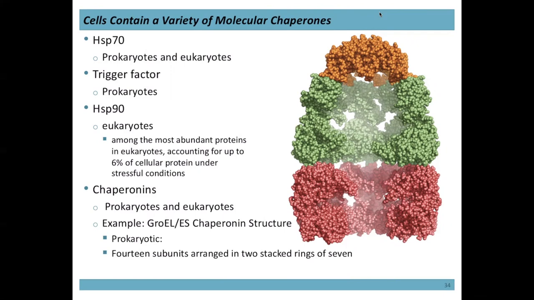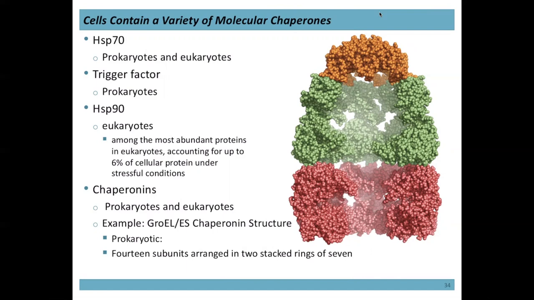The reason they call these heat shock proteins is that they took cells and heated them up. They made them very uncomfortable and agitated them and looked for new proteins that were expressed. These are the new proteins that were found, the heat shock proteins. They didn't know the function at first, and then they realized that they're actually chaperones. They help proteins fold into their native conformation, which makes sense.